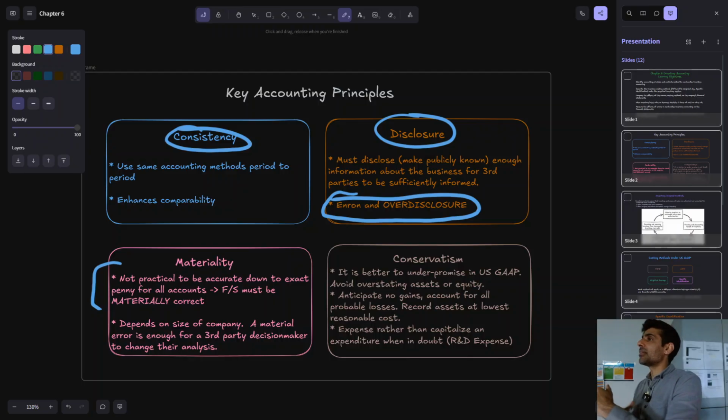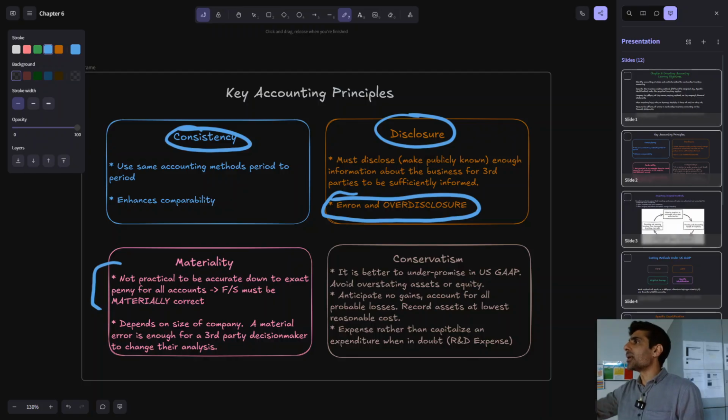So a lot of things in accounting are built on assumptions, and so it's again not practical or possible to get everything to be exact. So what the materiality principle wants you to do is just make things materially correct, meaning that they should be close enough such that someone reading the financial statements wouldn't change their mind.